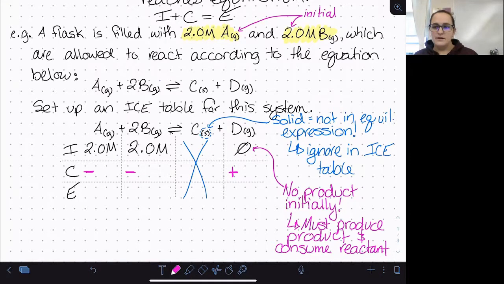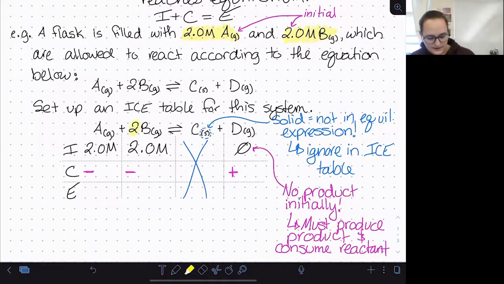The next thing we need to think about is how much it's going to change by. We don't know, so we leave it in terms of X, but what we do know is the ratio between how much it's going to change for the different substances. And that depends on our coefficients.